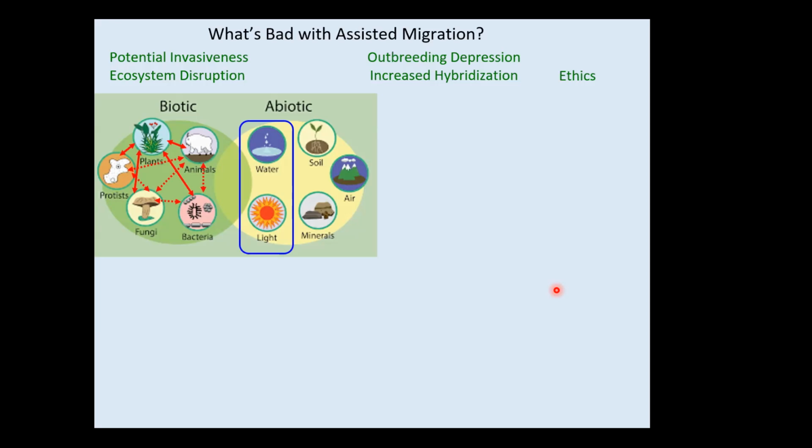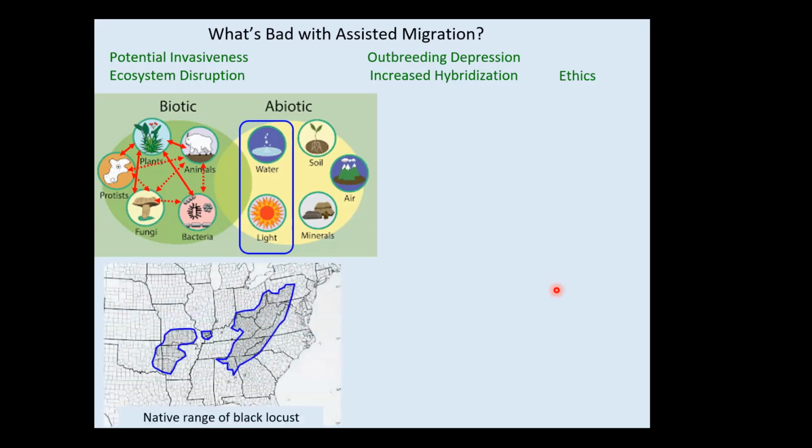Yeah, maybe the abiotic environment is right for it, but the biotic environment is probably not right for it. A great example: that's the native range of black locust. That's where black locust behaves like a native species and is a natural part of the ecosystem.